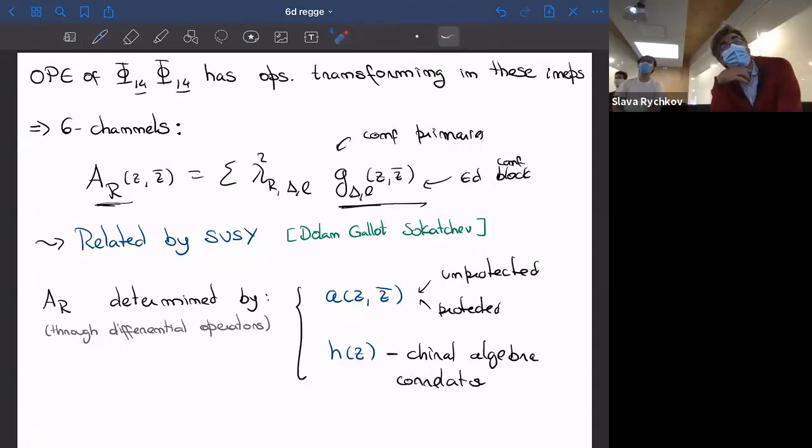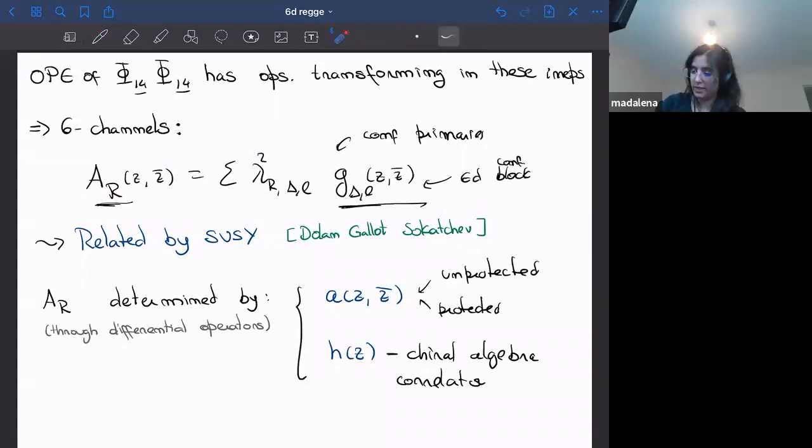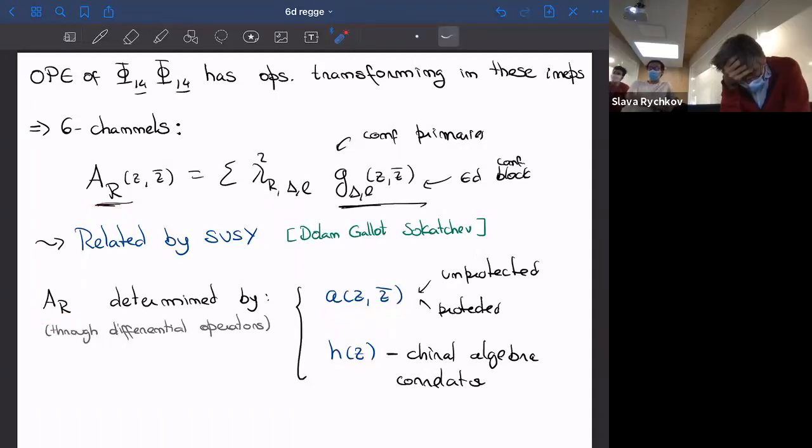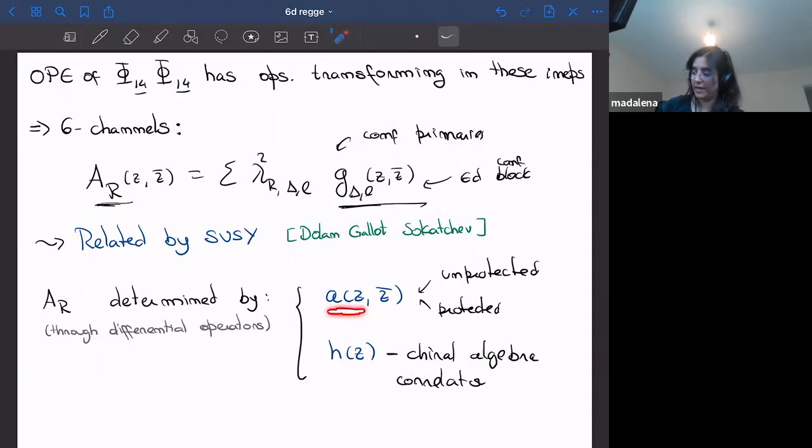And it turns out that now supersymmetry comes in and it tells you that there are relations between different of these OPE coefficients when they come from conformal primaries that are related by supersymmetry. And you actually don't need to worry about these capital A's and the relations they impose, because these relations are completely given to you if you work out the capital A's from the tiny a's.